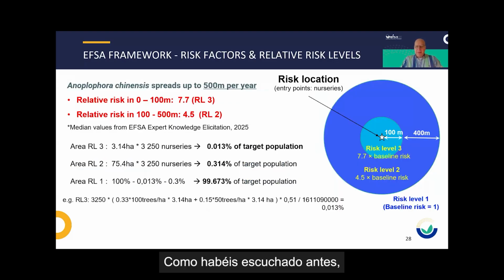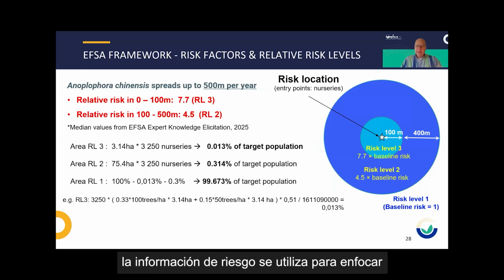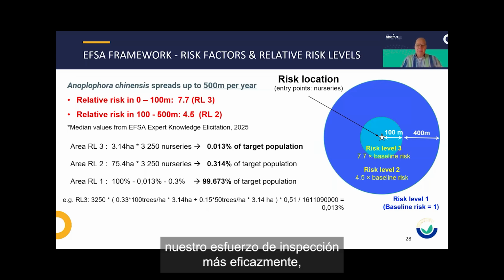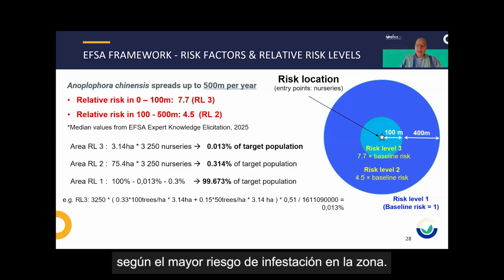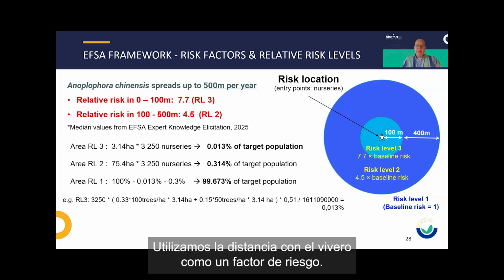So as you have heard before, the risk information is used to place our inspection effort with a greater effectivity according to the assumed higher risk of pest infestation of an area, and we are using the distance from the nursery.